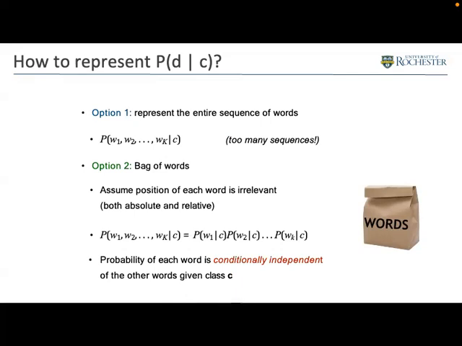The other option is to represent the current document using a bag of words, which means we assume the position of each word is irrelevant, so the current word can appear in any place in this document. In this case, if we assume all the words to be independent, we can represent this probability as just the multiplication of all the words' probabilities conditioned on the class. That is what we are going to do if we use the bag of words to represent P(D|C).